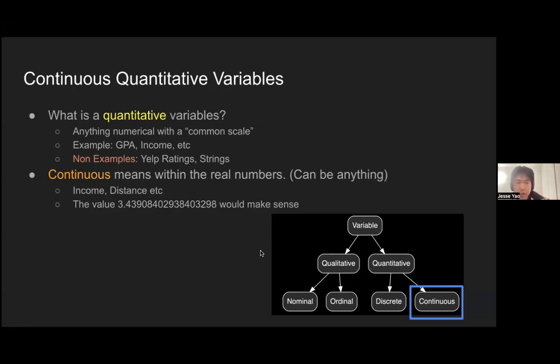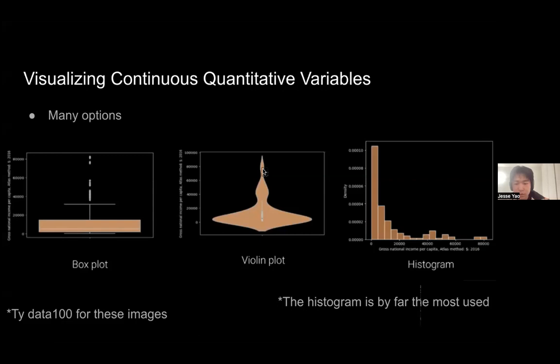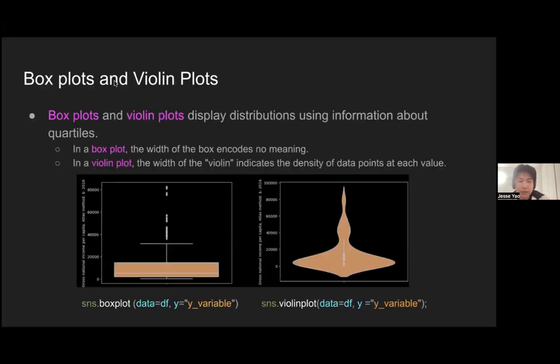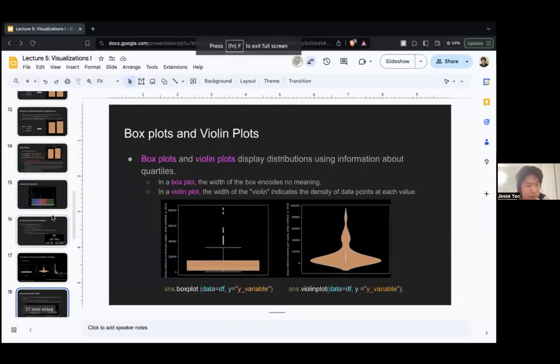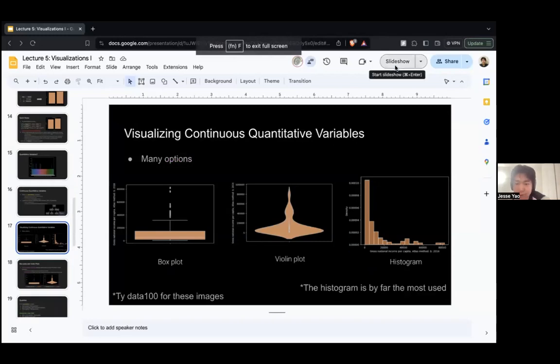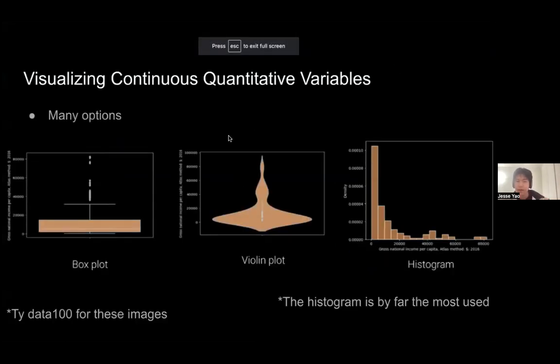Yeah. So there's 3 main ways to plot continuous quantitative variables, right? There's the box plot, the violin plot, and the histogram.